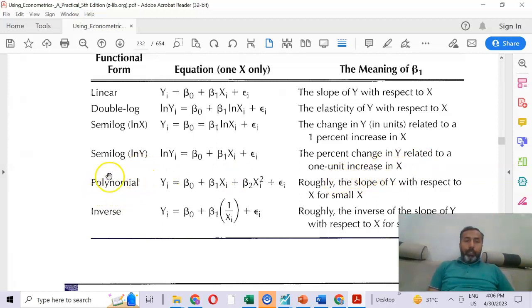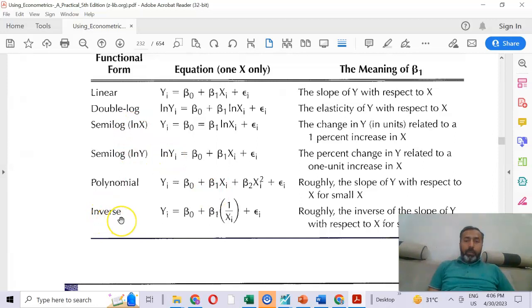Then there is the polynomial form, and here beta 1 will be interpreted as roughly the slope of y with respect to x for small x. So its interpretation is just like the linear equation, we just add one phrase, for small x, because as the value of x increases, the relationship between the dependent and independent variable is no longer linear.